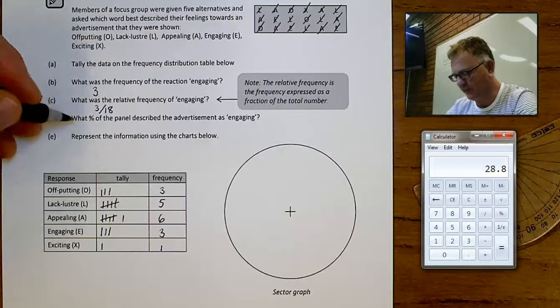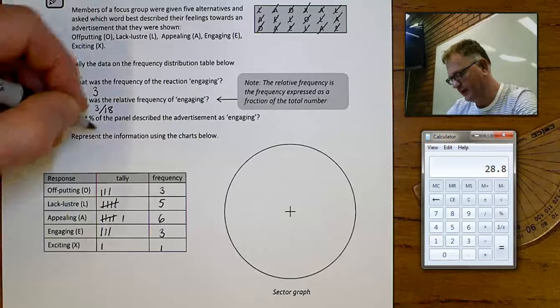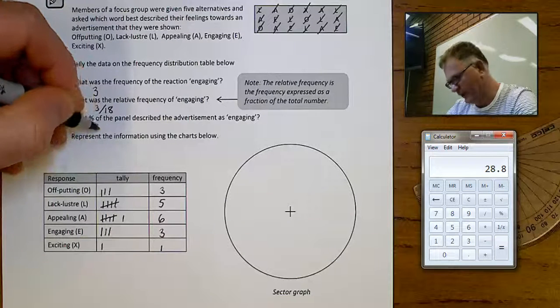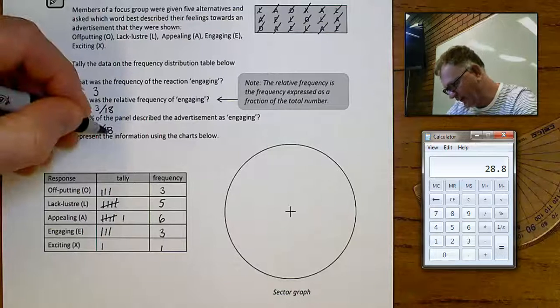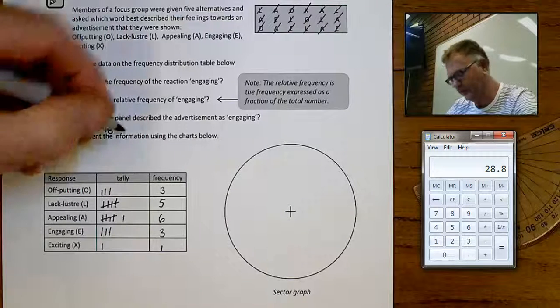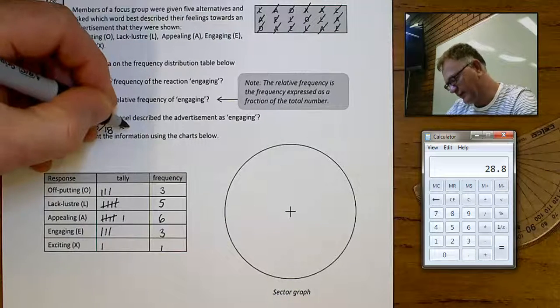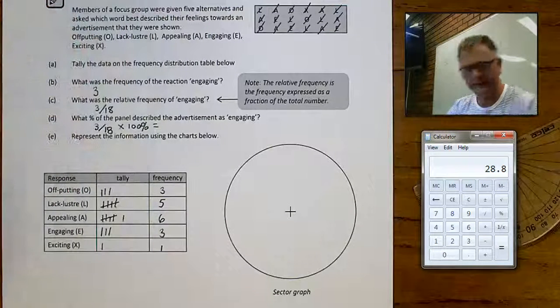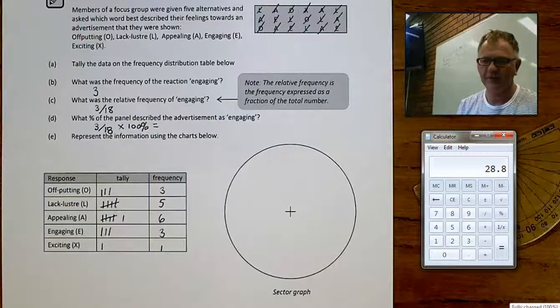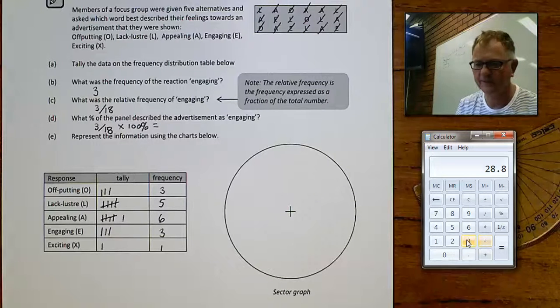What percentage of the people thought it was engaging? Well, you just have to convert your fraction into a percentage. 3 out of 18 equals what percentage? You write it as a fraction, you times it by 100, and that will give you a percentage. We can do it on the calculator. 3 divided by 18.